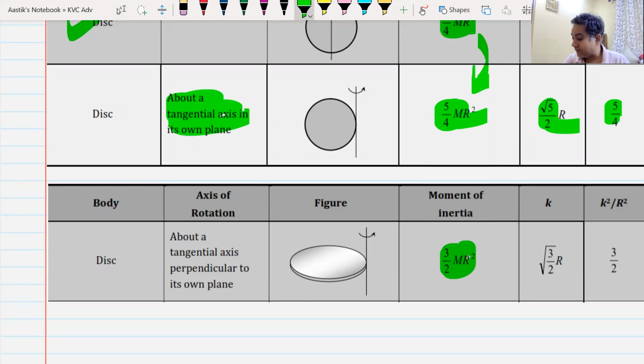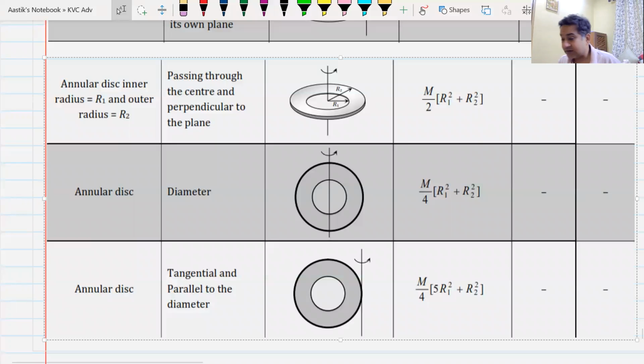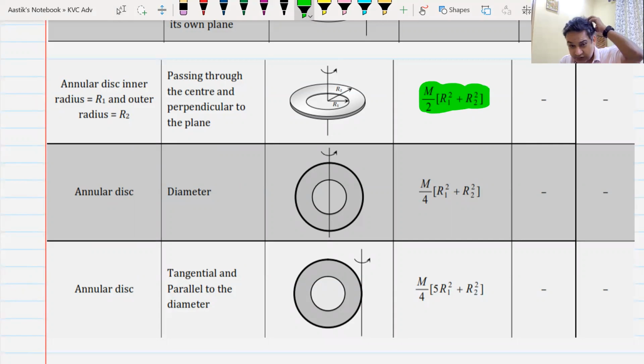So if that is the case, then these are the answers for annular disk. Disk with hole, outer radius R2, inner radius R1. So this is how you get this for this annular disk, half of m times r1 square plus r2 square. I hope you understand how this would have been achieved. Yes or no? Yes, sir.